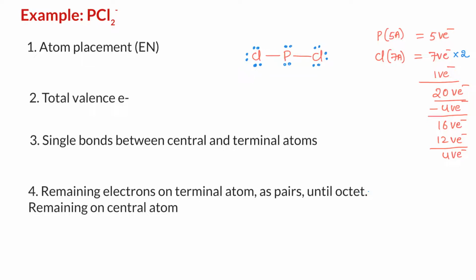So I used up all the valence electrons, and each of the atoms in the given ion now has an octet electronic configuration. Remember that we still have 1 electron more than the electrons contributed by the individual atoms. Therefore, it has a negative charge overall. This is the Lewis dot structure of the PCl2- ion.